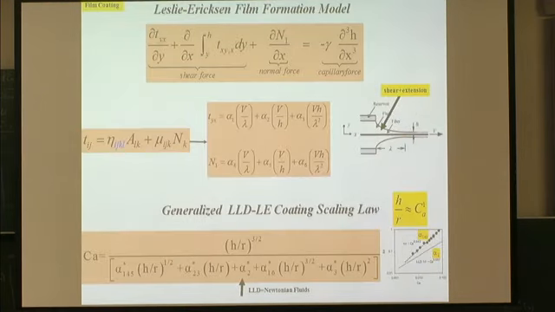So we now go to the textbooks and find the film formation model, which is a balance between shear forces and normal stress forces. This is balanced by the capillary force. For these systems, I use Leslie-Ericksen to compute shear stresses and the normal stress.